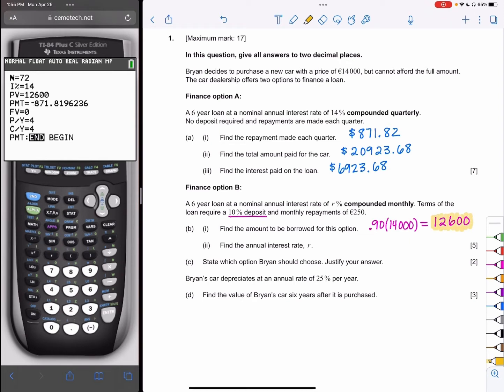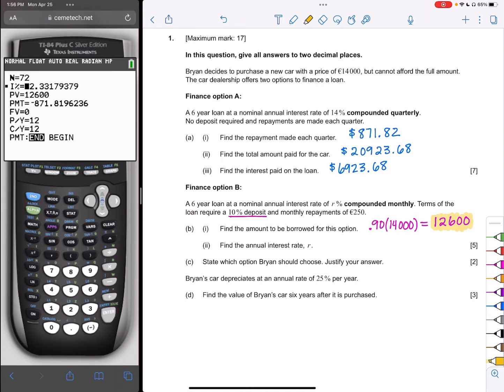Now we need to calculate the interest rate. Keep in mind that it says you make a monthly payment, so you're going to have 12 payments per year, and the interest is also compounded monthly, so C/Y is going to be 12 as well. Now, if I want to know my interest rate, I'm going to highlight where the I is and press alpha enter.